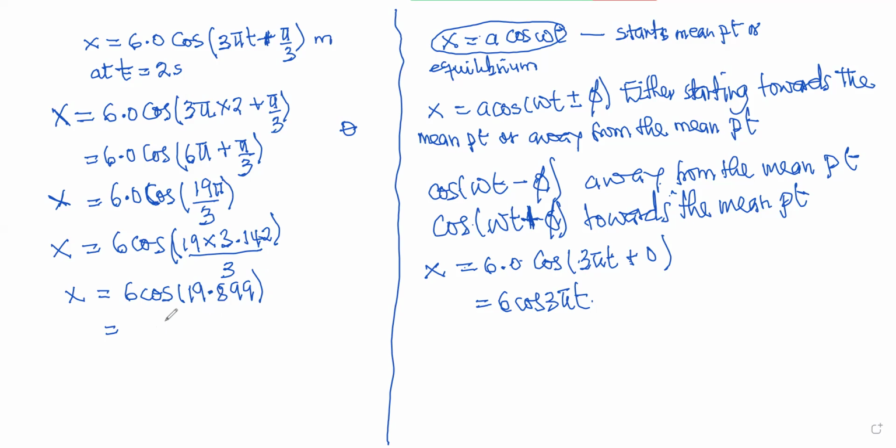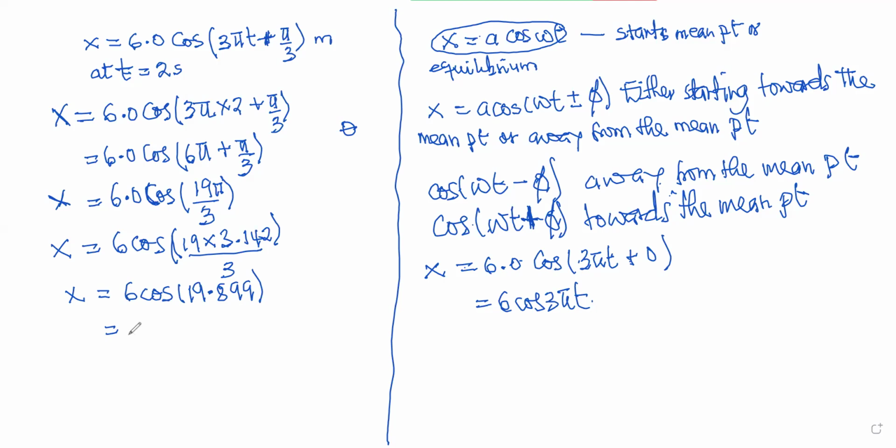So you find cos of 19.899, but you must ensure that your calculator's angular measurement is in radian. Change it to radian if it's not. After changing this, input cos 19.899.